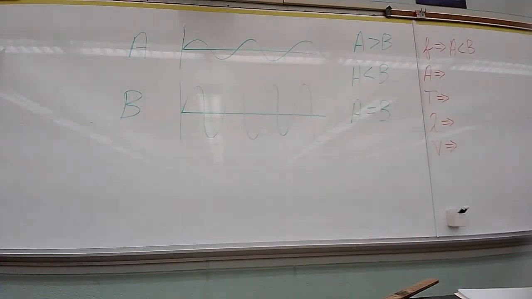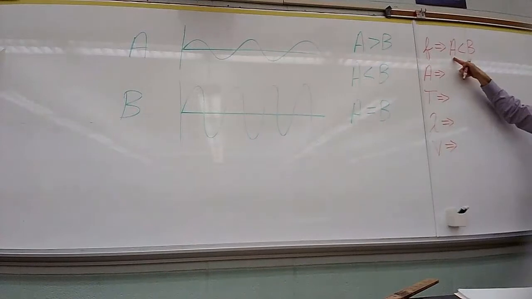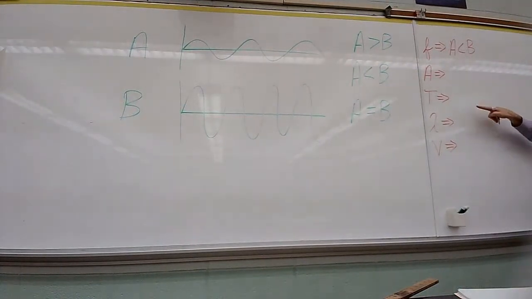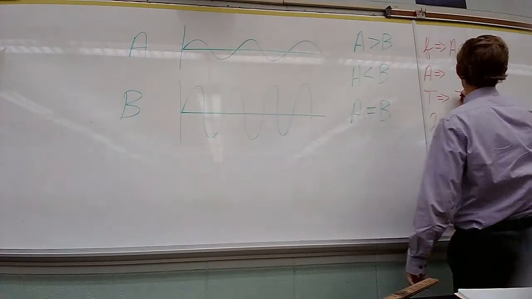And of course, if we know that's what the frequency is, what does that mean for the period? Exactly. If we know that A has a smaller frequency than B, that means that A is going to have a larger period than B, because it's that inverse relationship between those two.